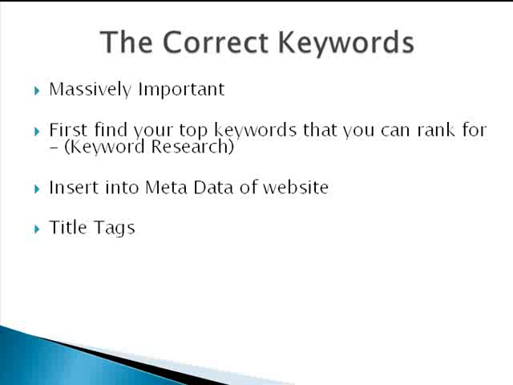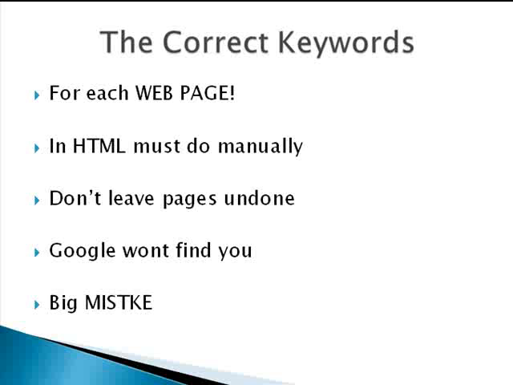So we obviously want to make sure that our keywords are in our title tags as well, our meta description, and our meta keywords. I think the next thing that we have to look at in our correct keywords phase is we're going to want the correct keywords for each web page that we do. So let's have an idea. Let's say we were doing Thai cooking, or Thai recipes.